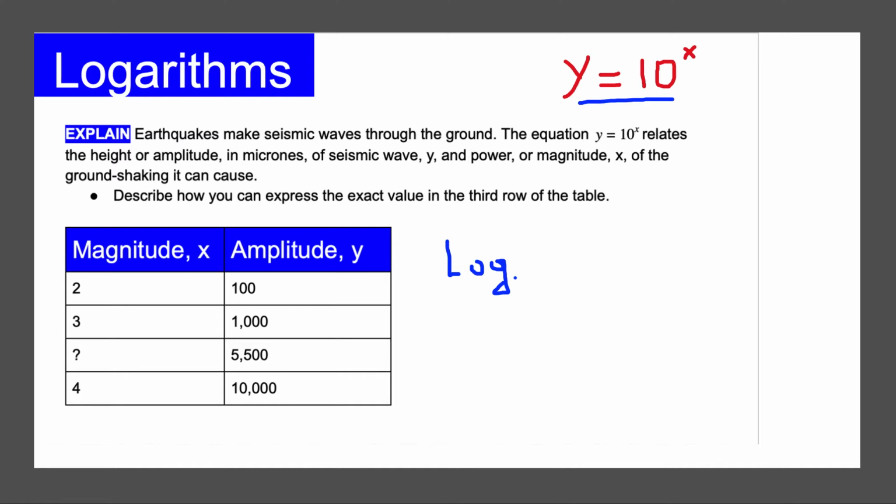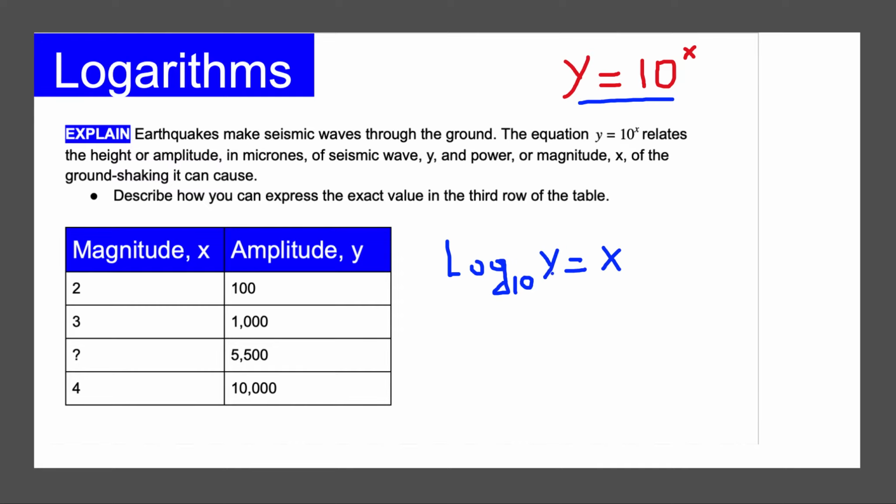So the base in the logarithm goes here, the base is 10, and y stands here, and the exponent goes on the other side. So exponent x is here. Now we have converted the exponential form into the logarithmic form.